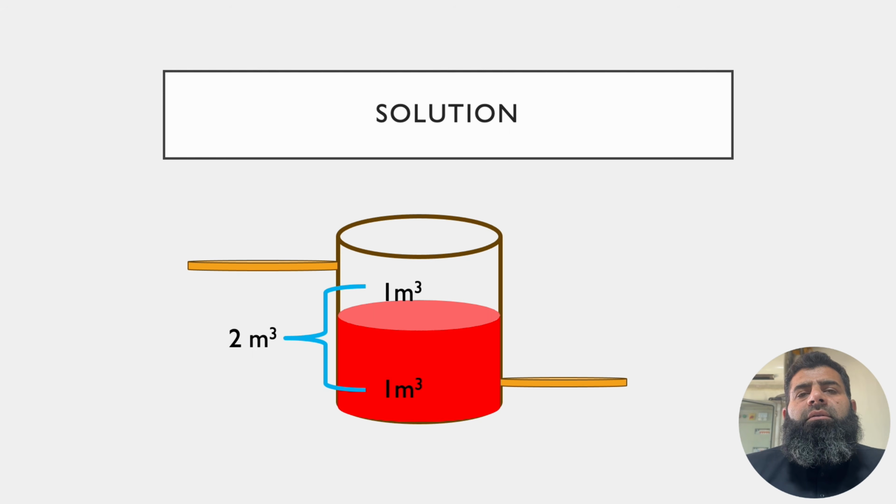Water is entering at 6 kilogram per second, and at the same time some of the water is leaving at 2 kilogram per second. This is how we are going to draw the diagram.